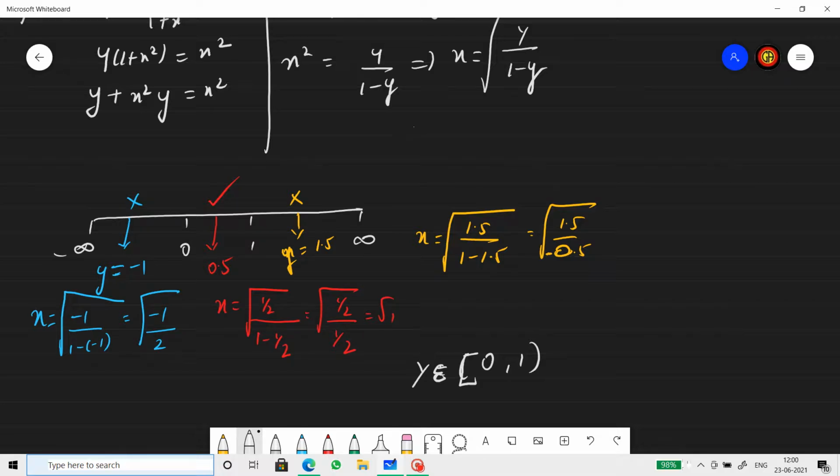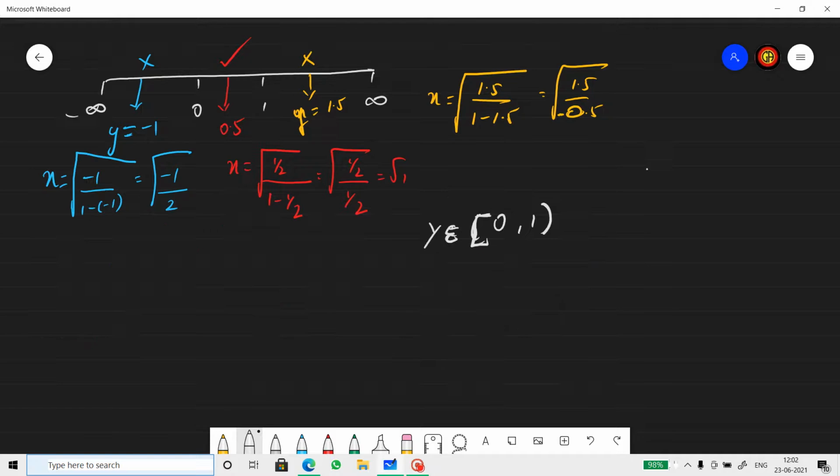So I'm going to put a closed bracket here and an open bracket over here. So that means I'm basically excluding 1 from the range values. The 1 cannot be in the range. So y belongs to 0, 1, including 0, excluding 1.